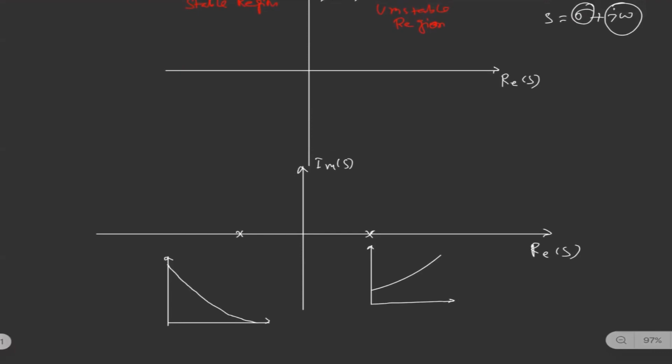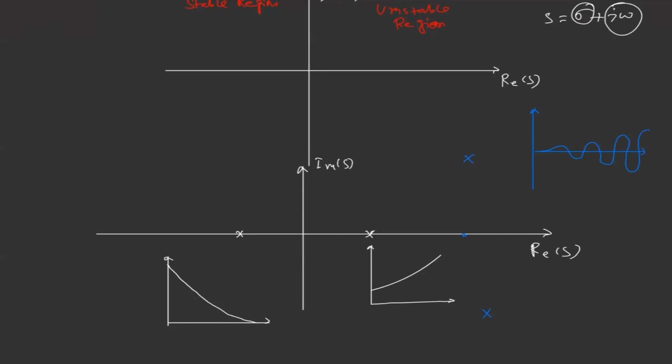If the poles come out to be complex conjugate in the right half plane, the system will be diverging with oscillations. So it may start like this, it may diverge like this.